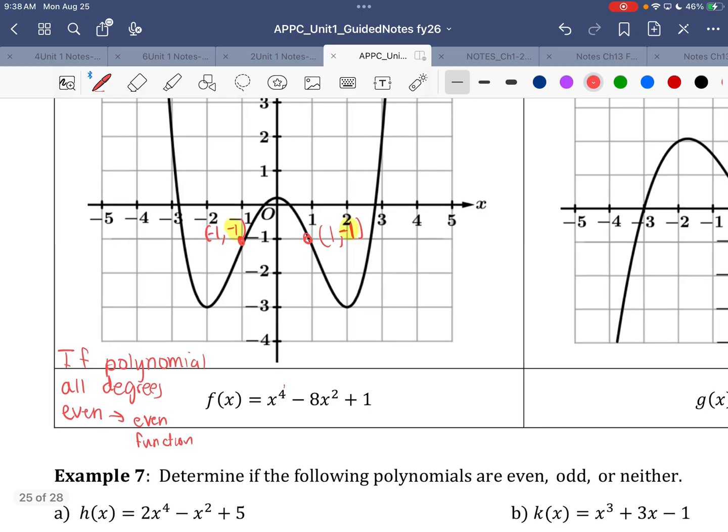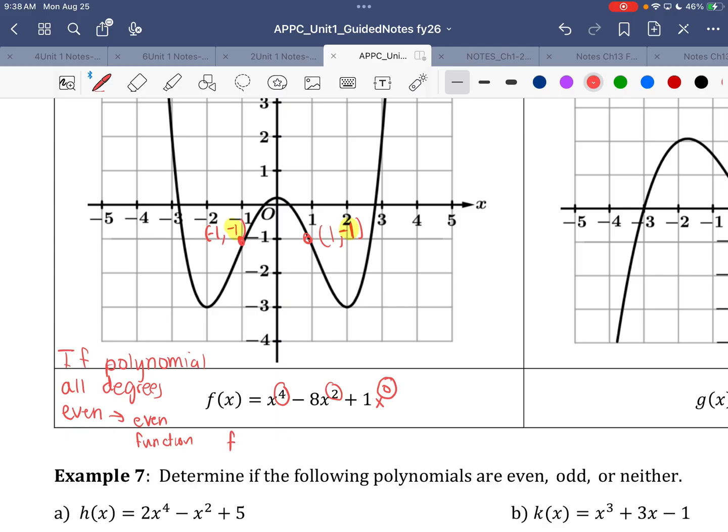So looking, we have 4, 2. What's the degree of a constant? 0. Technically, we'll say 0 is even because of the pattern going 0, then an odd number, then 2, then an odd number 3. So 0 we'll say is even. So this is an even function.